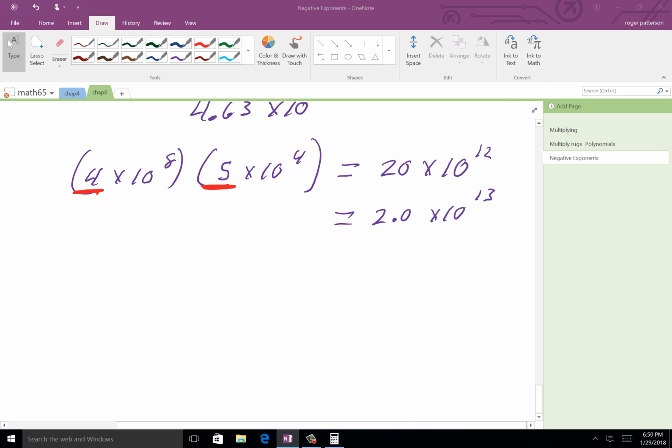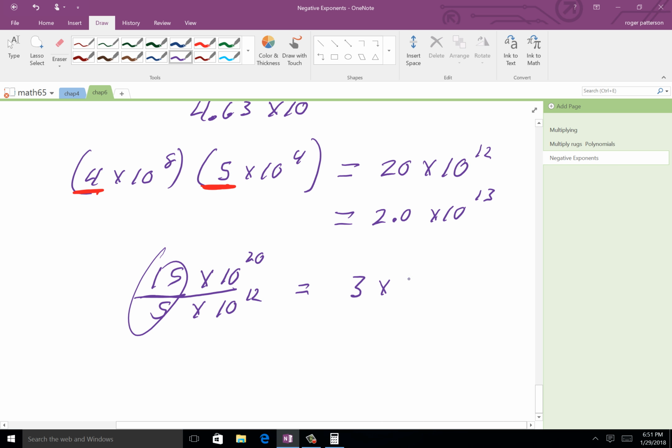Same thing with division. So if this is 15 times 10 to the 20th, and this is 5 times 10 to the 12th, and we're dividing, well, we'll divide that. That's going to give us 3 times 10. And what do we do with the exponents in this case?